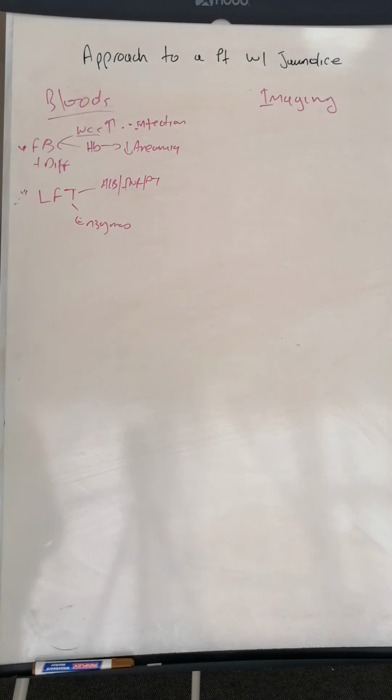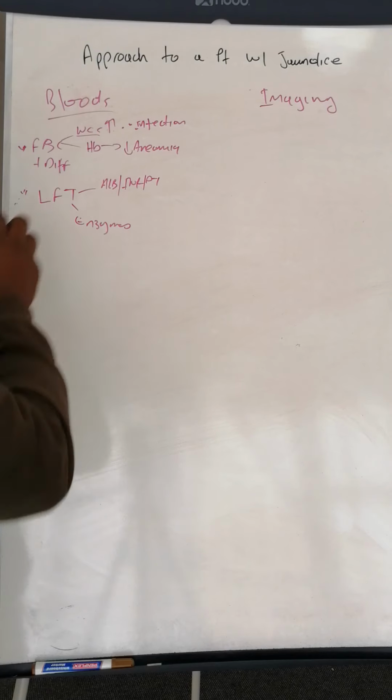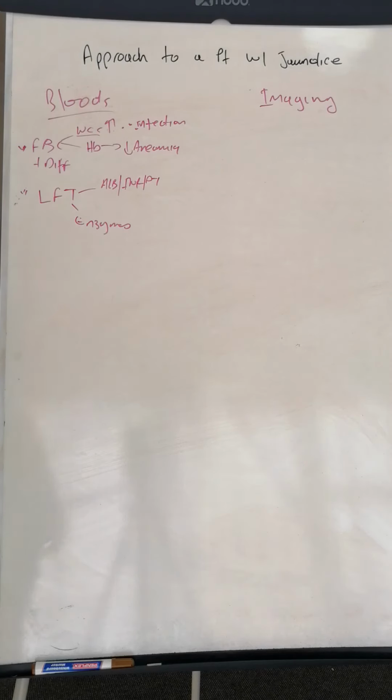When you have a liver that is failing, you start having a drop in these, and you also get persistent hypoglycemias. That patient has got acute liver failure when they've got jaundice and a very low albumin and a very high INR.